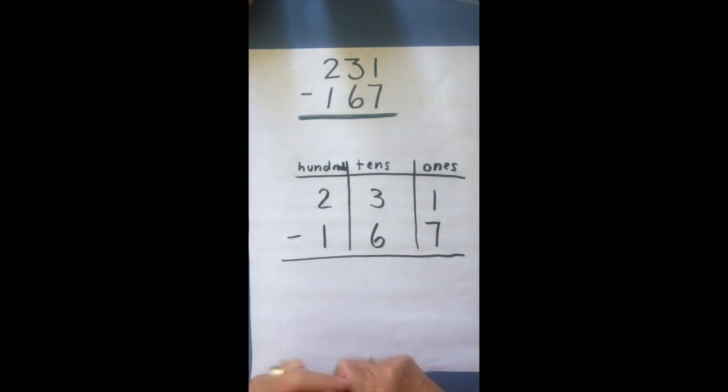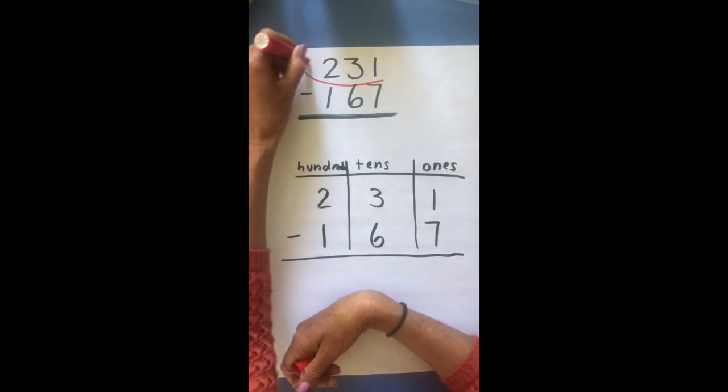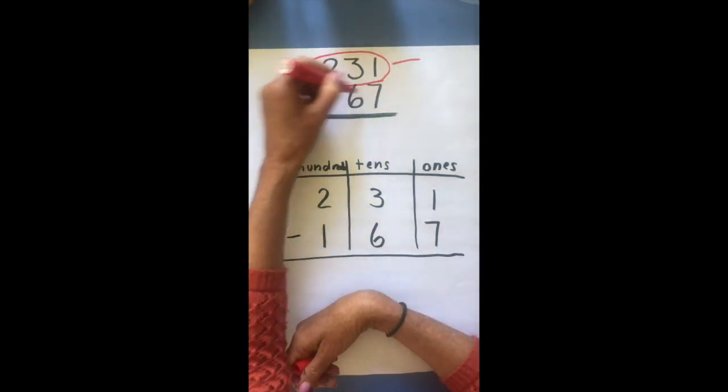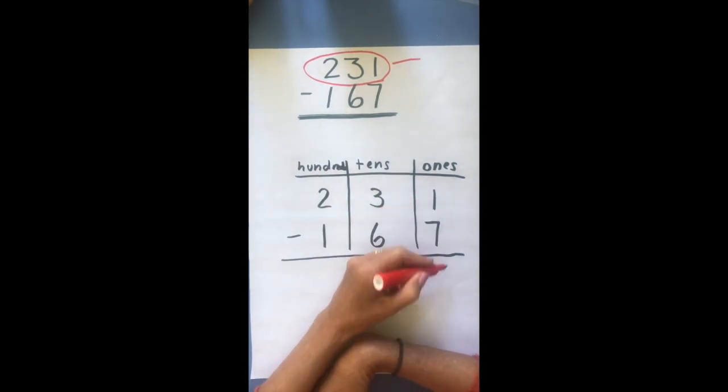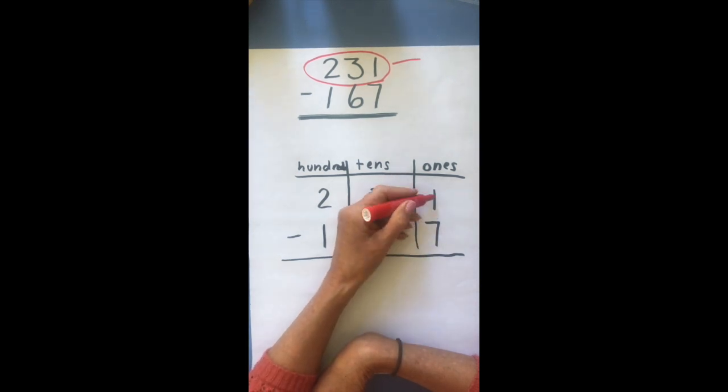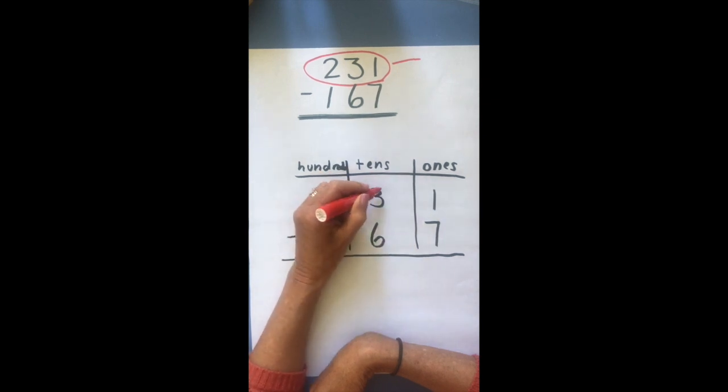Okay. So I remember with this is what I have and this is what I'm taking away. So I say to myself, I have 1, can I take away 7? Now, a lot of people put 6 here, but that's not the correct answer. You can't just say, I've got 1 and 7, so that's 6. You have 1. You can't take away 7. So what you need to do is go next door. So you're going to regroup.